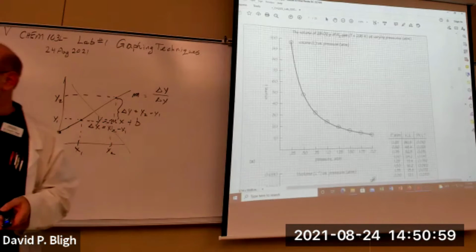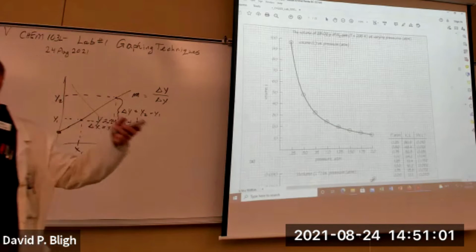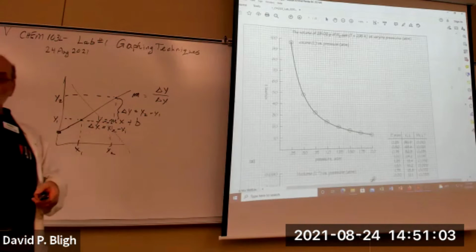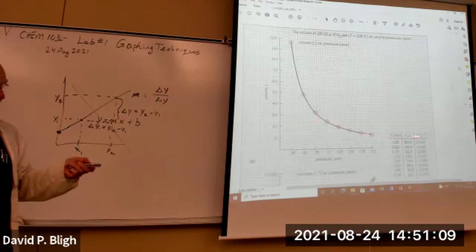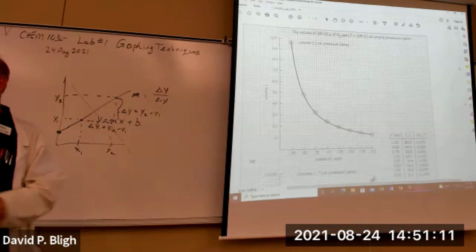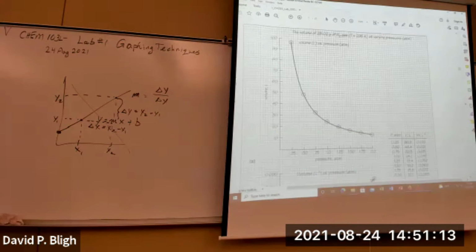Remember what a hyperbola is? Well, there's a formula for calculating it, but the general characteristic of a hyperbola is it's a curve that never touches either axis. It just goes on infinitely out here, getting closer and closer, but it never touches. That's a hyperbola. A hyperbola is also a conic section, but we'll talk about conic sections maybe later if it comes up.